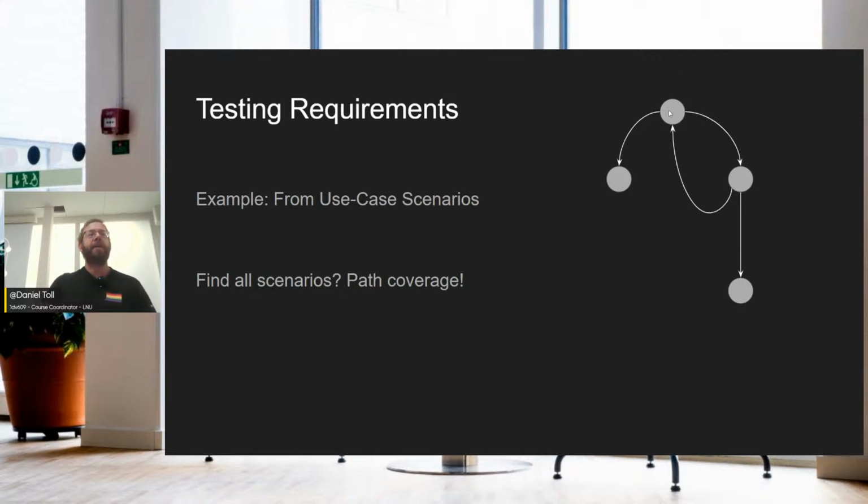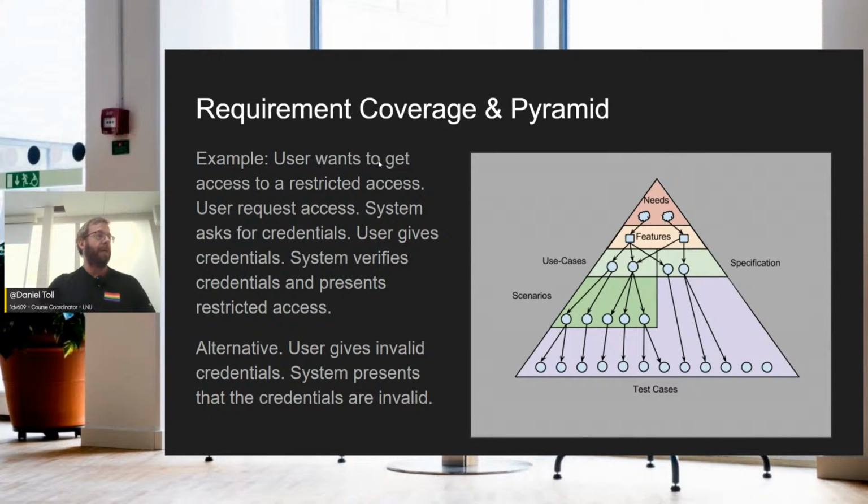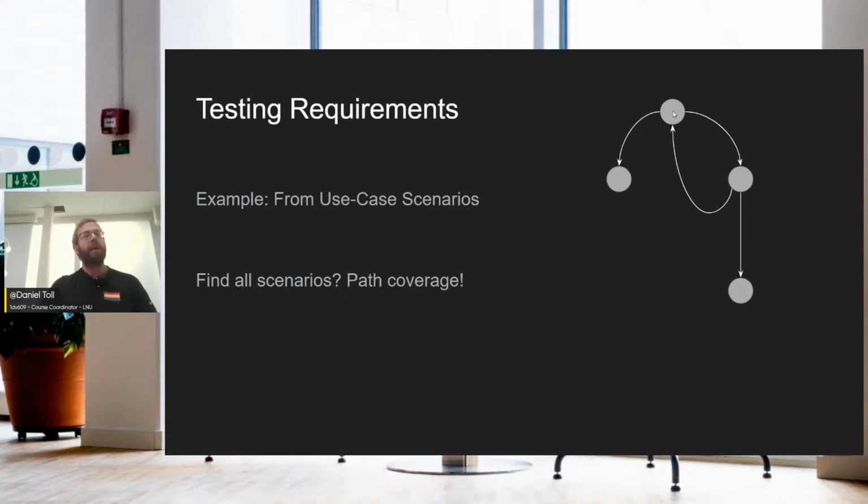But here the user wants access, perhaps, and then the system presents that, let's see. So user wants to get access to the restricted system, user requests access, and system asks for credential. User gives credentials. So I think in my thought, at least, I've started the use case here, user gives credentials. So here user gives credentials because everything above that is the same always, right?